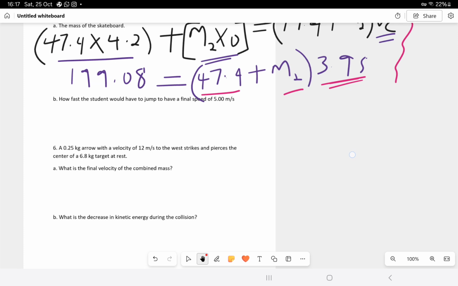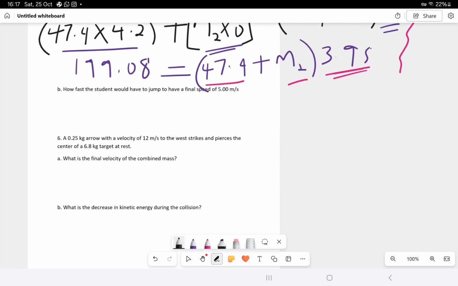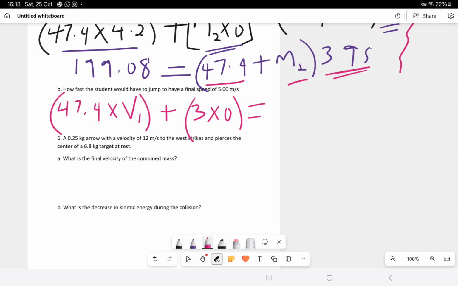So I'll have 47.4 multiplied by V1, plus M2, which is 3, multiplied by 0, and this should give me 50.4 multiplied by VC, and in our case VC, they have told you, is 5.